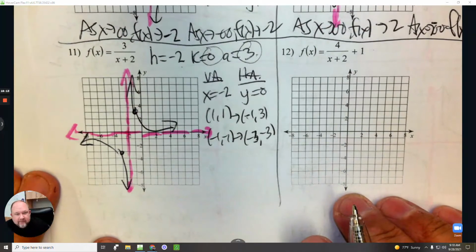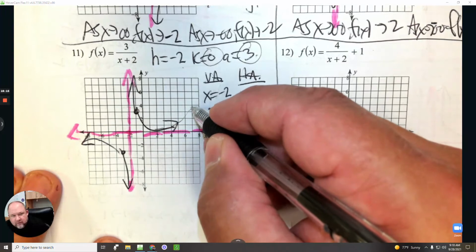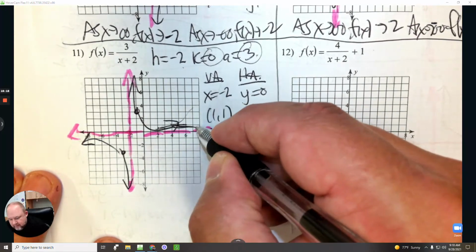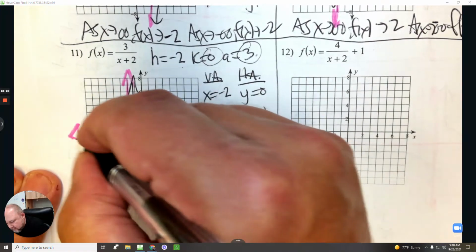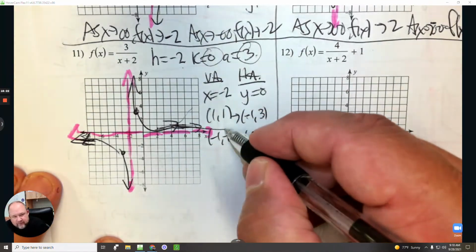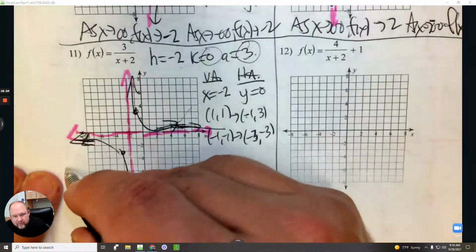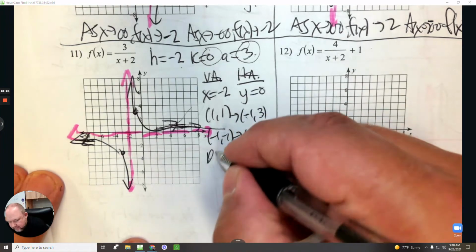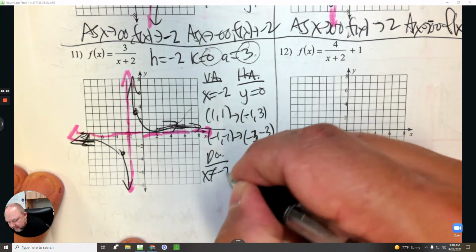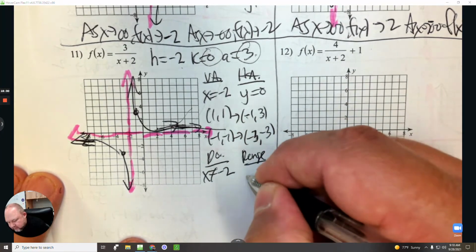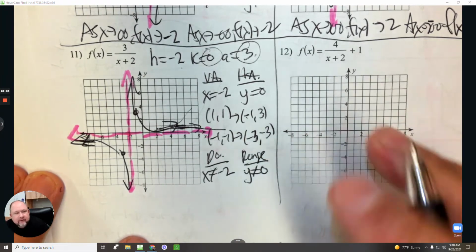So there's your graph. Try not to make it, doesn't curve up, right? So it curves along it. So make sure that when you draw it, it's going to go right beside it and not curl back up or curl back down. The domain restriction, x cannot equal negative 2, and the range restriction, y cannot equal 0.